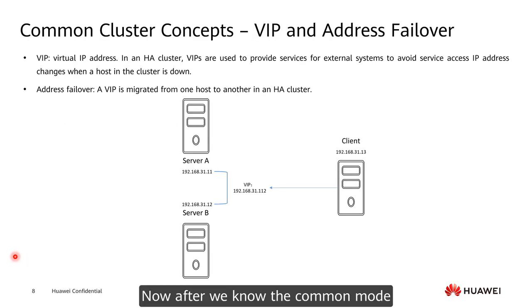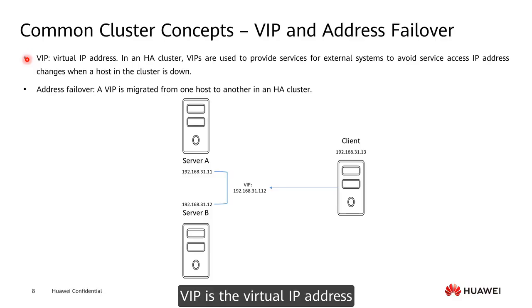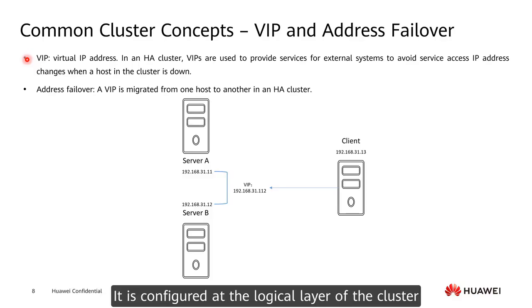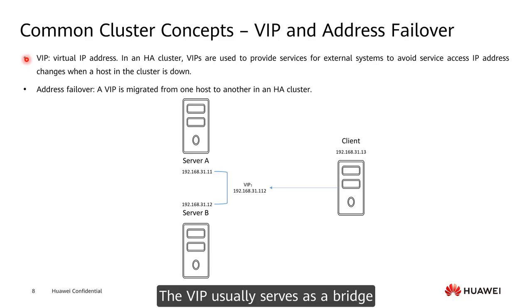Now, after we know the common software, let's look at the basic concepts in clusters. The first is VIP and address failover. VIP is the virtual IP address. It is configured at the logical layer of the cluster and is not directly associated with a specific server. The VIP usually serves as a bridge between the client and the cluster service.